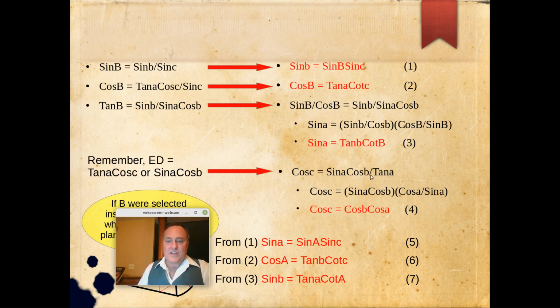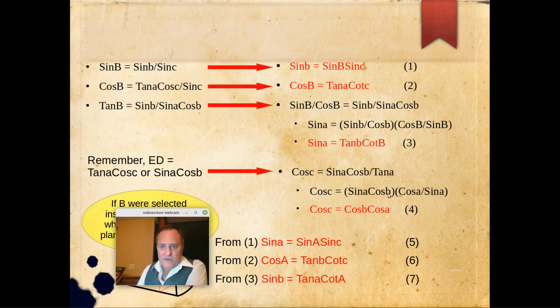But I'm changing division into multiplying by the reciprocal, recognizing that tangent A is sine over cosine, and I'm flipping it to cosine over sine. And so what we have is cosine C equals, you see how sine cancels here?